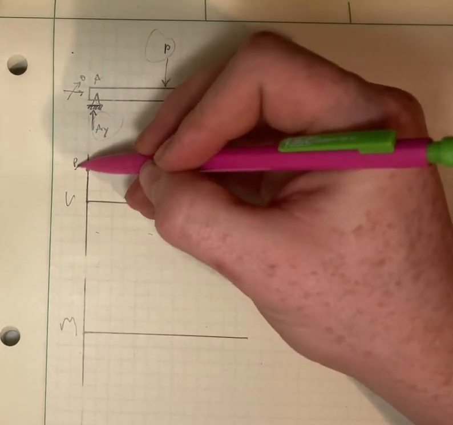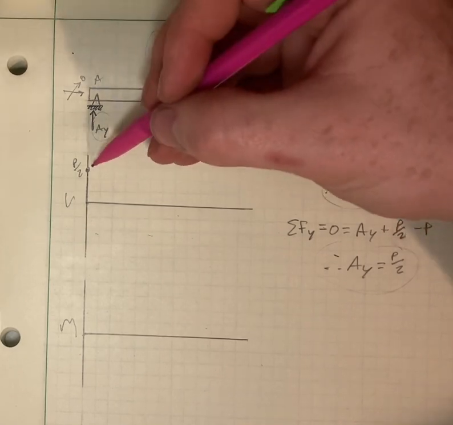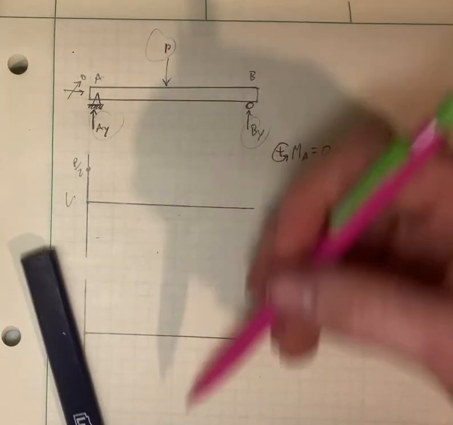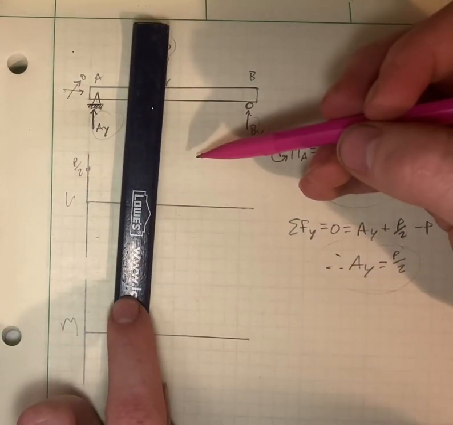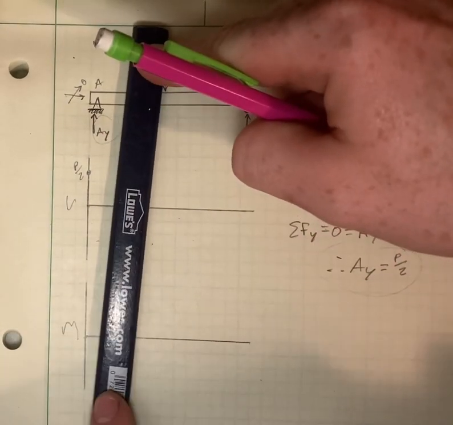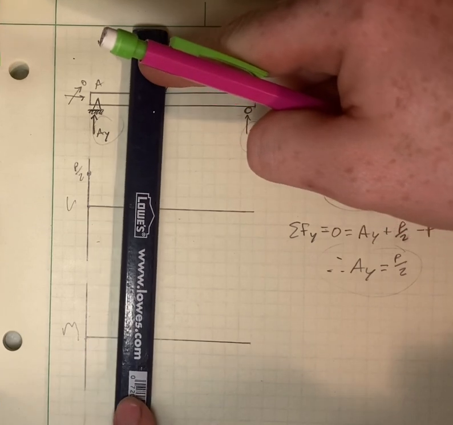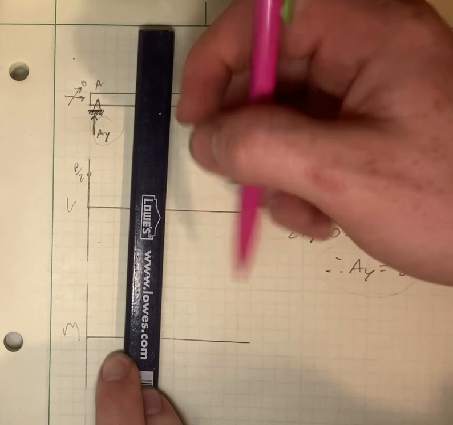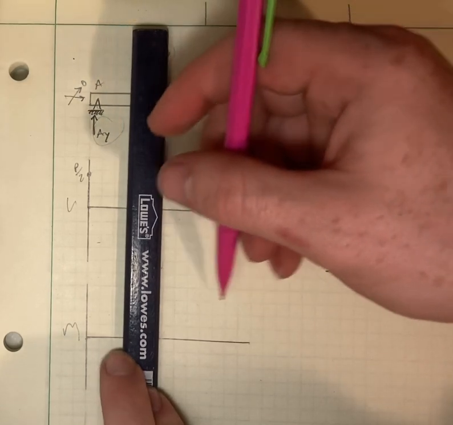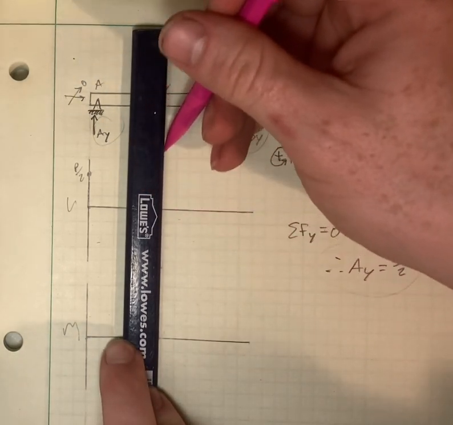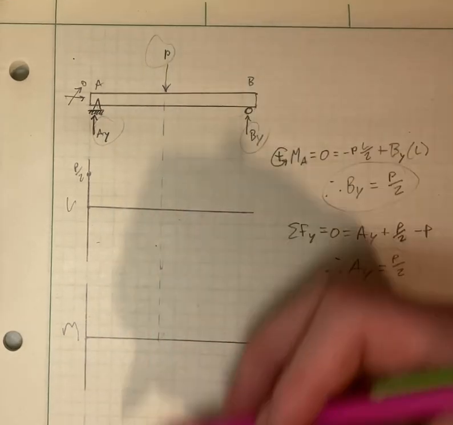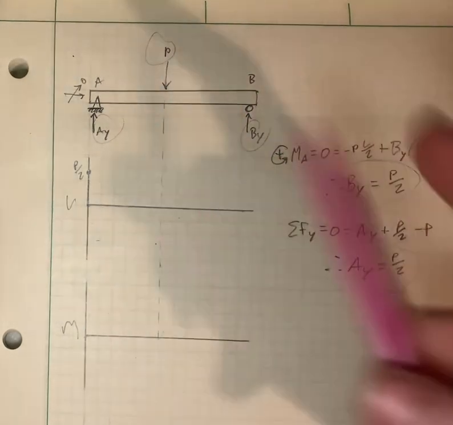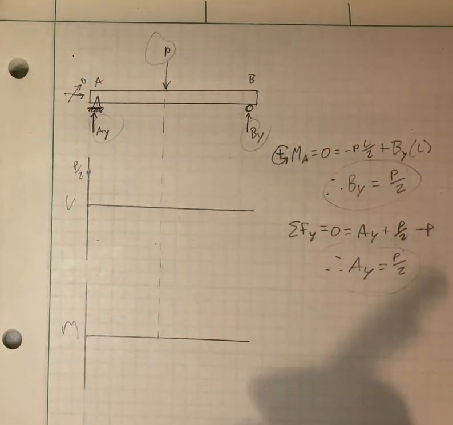And then here's another reason why I like to line these up this way, is because now you can make a nice dotted line that goes up all the way through your force.